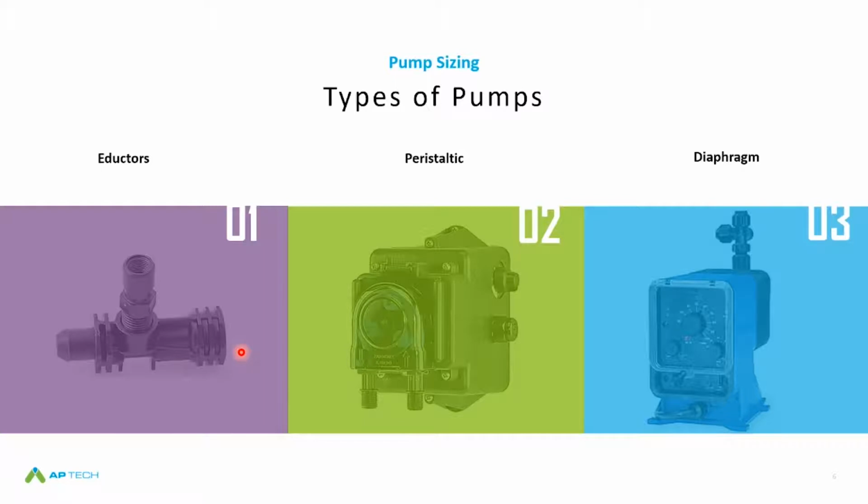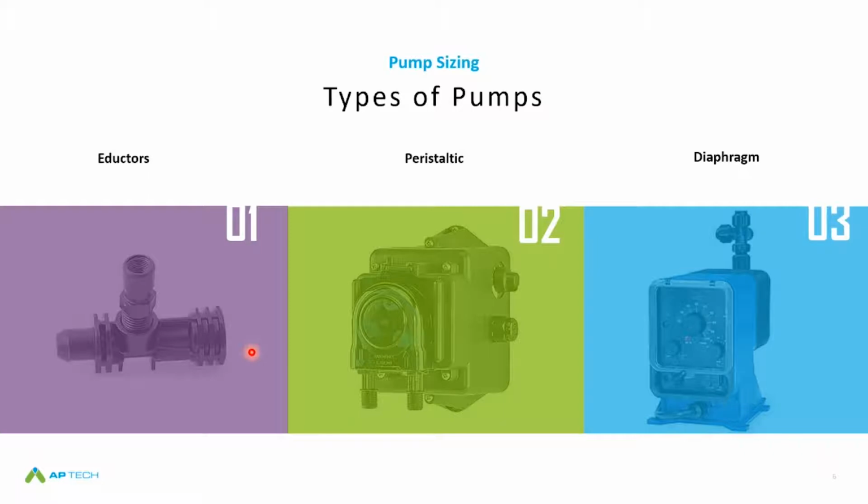Large systems can definitely benefit from this, because eductors are much cheaper than a larger chemical pump. Large chemical pumps could be in the thousands of dollars, whereas an eductor is not even half of that. So eductors are very economical, and they do provide a means of getting chemistry in there.